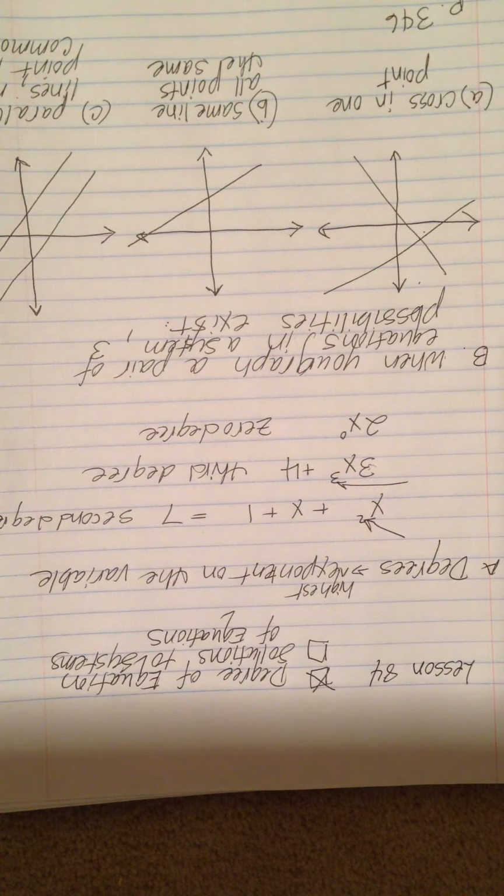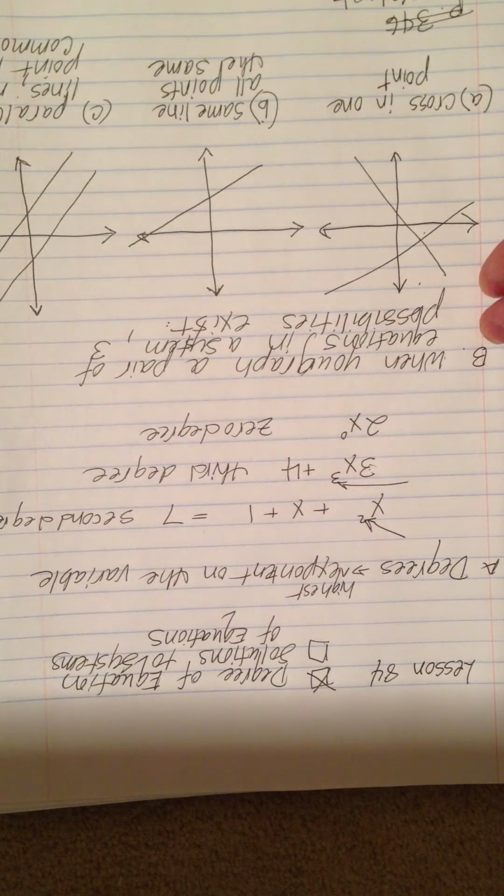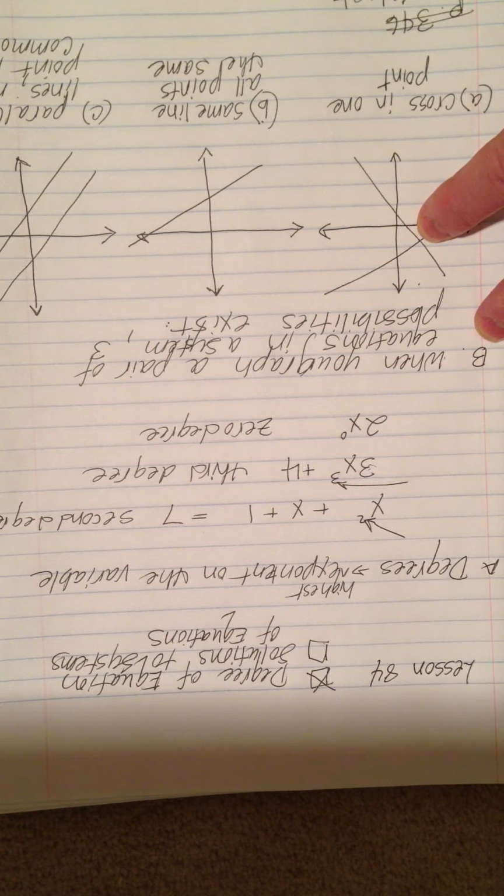If it has at least one solution common to all equations, then they're called consistent. So, I'm going to cross this out so you don't get confused. This is considered a consistent system of equations because it has at least one point that they share.